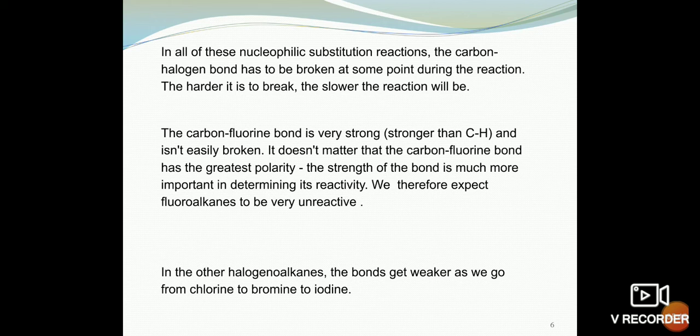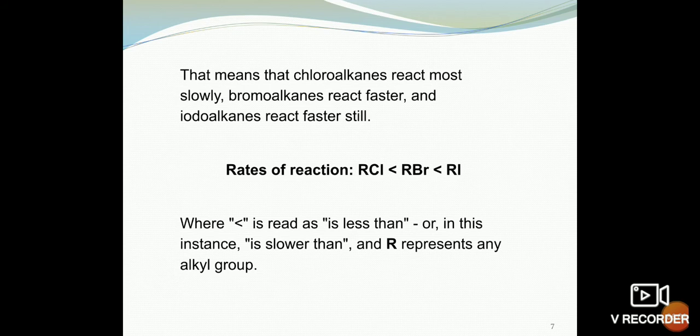In the other halogenoalkanes or alkyl halides, the bonds get weaker as we go from chlorine to bromine and to iodine. That means that chloroalkanes react most slowly, bromoalkanes react faster, and iodoalkanes react faster still.